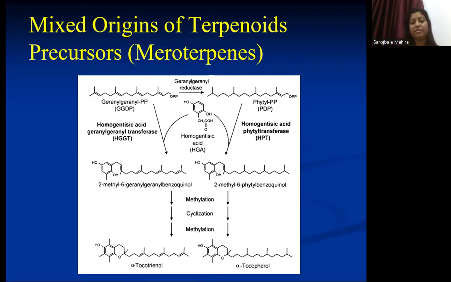And finally, through the different steps of methylation, cyclization, and methylation again, this gives alpha tocopherol.